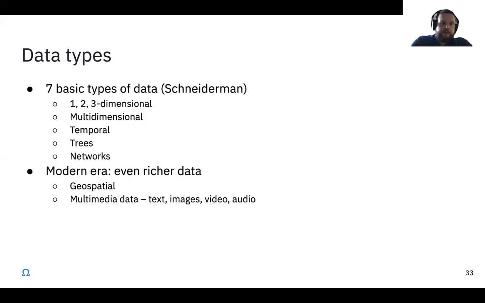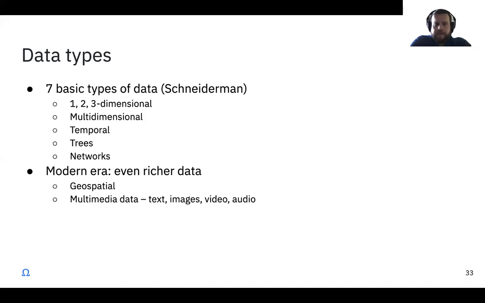But to be a bit more structured about this, the 7 basic data types as defined by Shneiderman in, I think, even the 1980s, were that you can have 1, 2, or 3-dimensional data, multidimensional data, temporal data, so evolution of some variables over time, trees, networks. And in the modern era, we have even richer data, an example of which could be geospatial data or multimedia data.